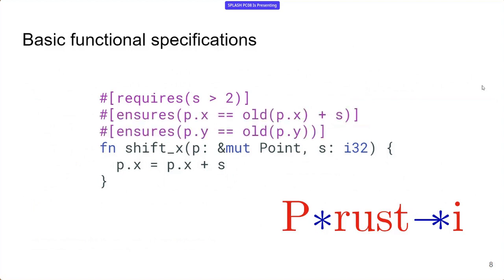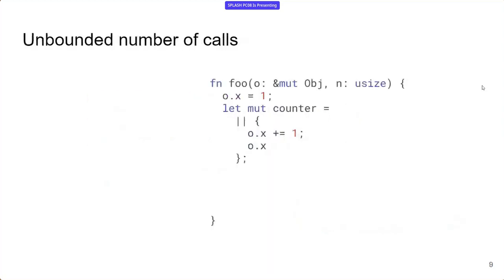And I can add post conditions such as this, where I'm saying that the object is indeed shifted on the x-coordinate and the y-coordinate remains the same. Crucially, in Prusti, we do modular verification, so the contract of the method is all that should matter for verifying other methods. So let's move back to closures.